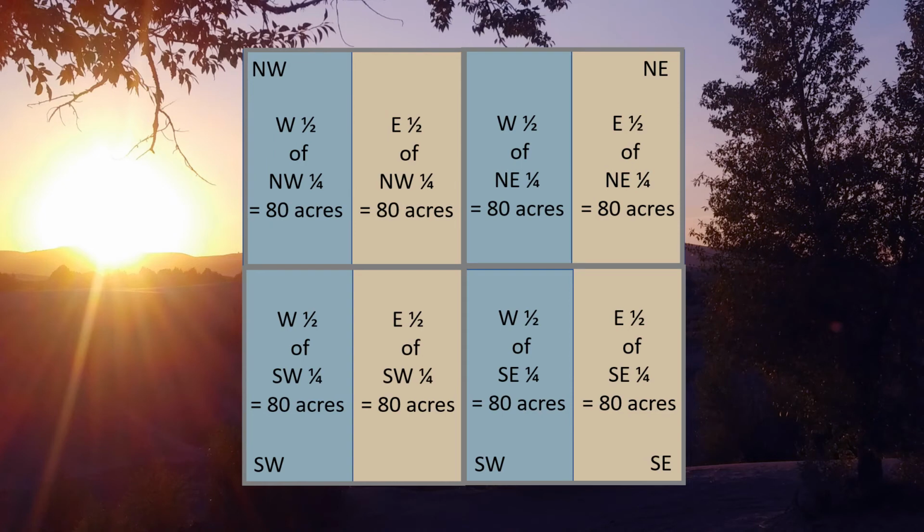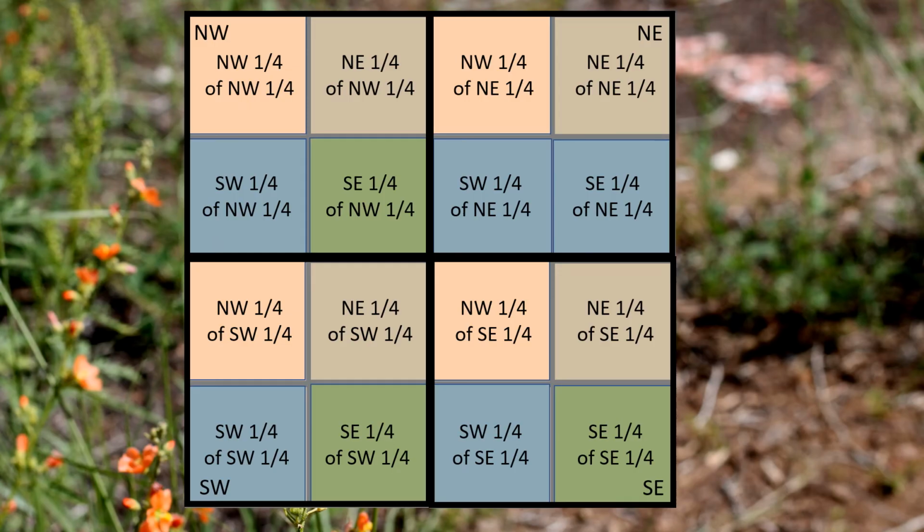This is another way the quarters can be divided into half sections. This section reads west half of the southeast quarter. This shows how each quarter is divided into 4 quarters. Let me read a few of them.